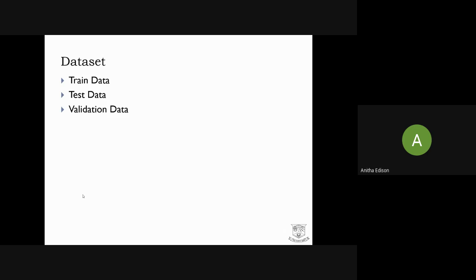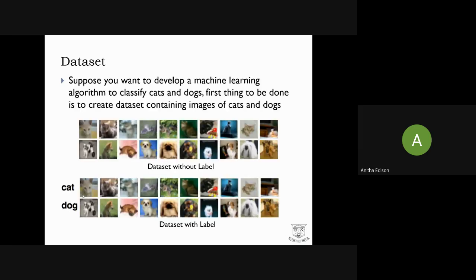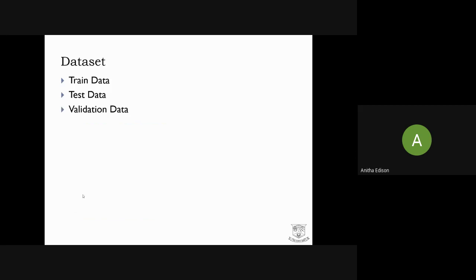So that is done using the test set. And in the validation set, we adjust some parameters for the machine learning algorithm to learn better. So first, according to your requirement, you have to collect a data set, and then divide it into test set, train set, and validation set.